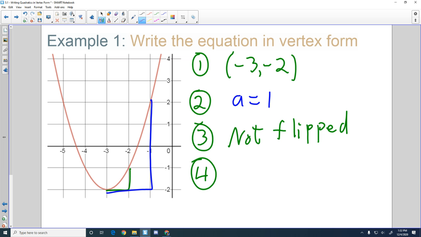So now, everyone, I'd like you to try to write this equation down right now. Take 20 seconds.